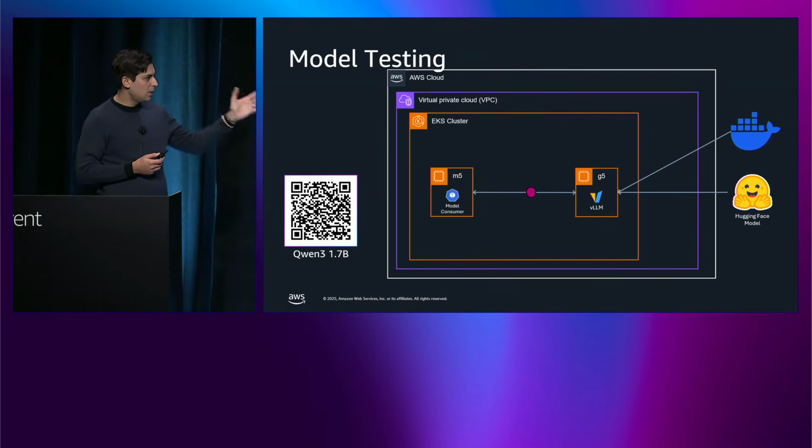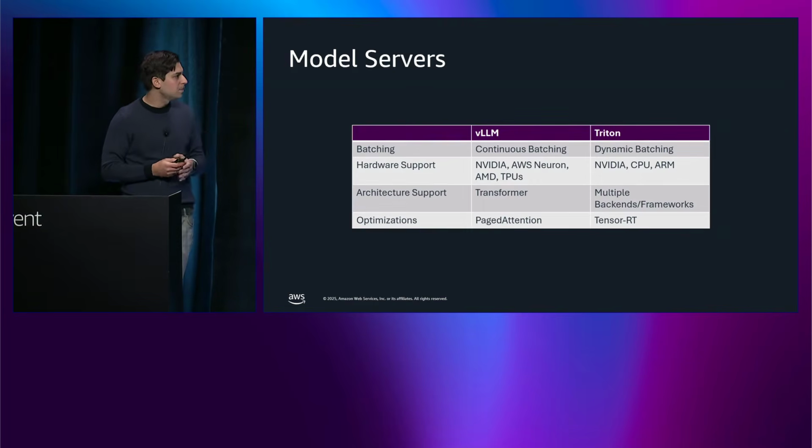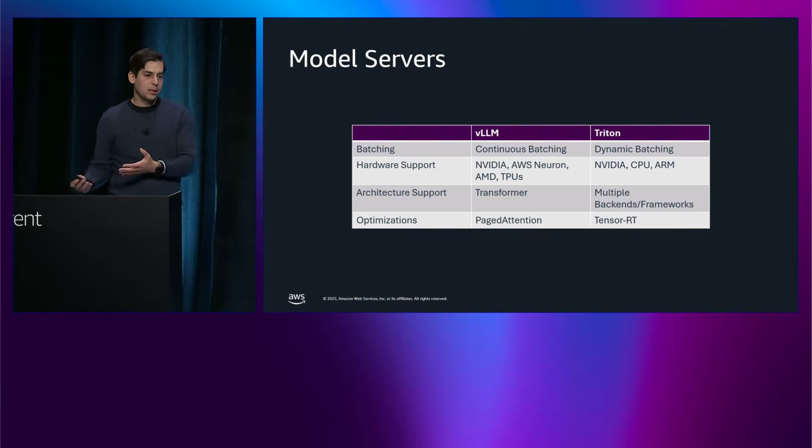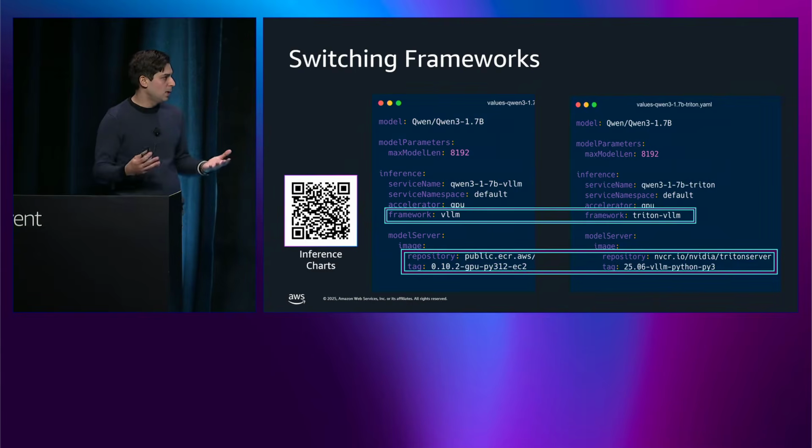So you'll see, in this case, we talk about vLLM. Of course, we talked about Triton a little bit. There's SGLang. There's other model servers, but we just want to show you how easy it is to prove to yourself that vLLM works and it gives you this performance, and Triton can also work and gives you what it does. So if we look at our charts right there, we go from vLLM to Triton, and we change our image.